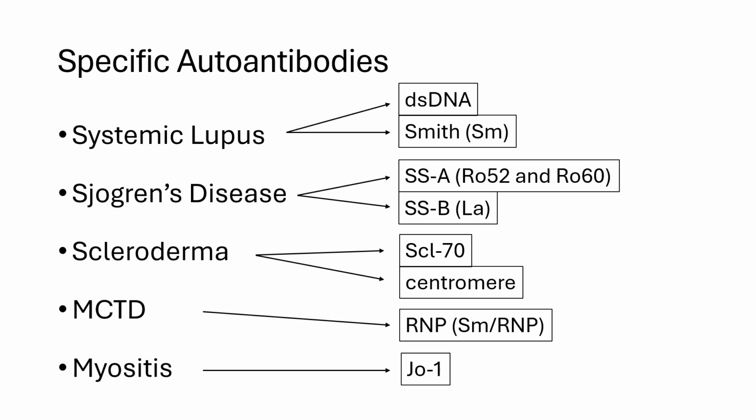Similarly, you might have an SCL70 in someone with lupus, or you might have an RNP antibody in someone with myositis. So these are not perfect. However, if you are able to remember these associations, you're going to be right in predicting the disease most of the time.